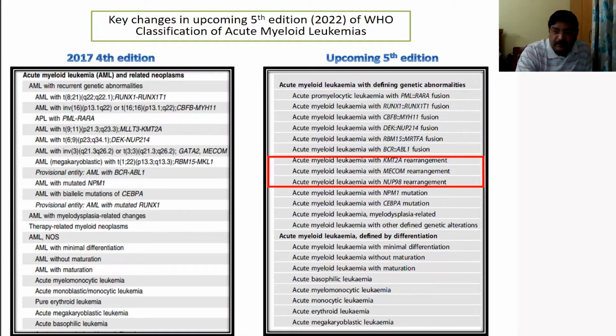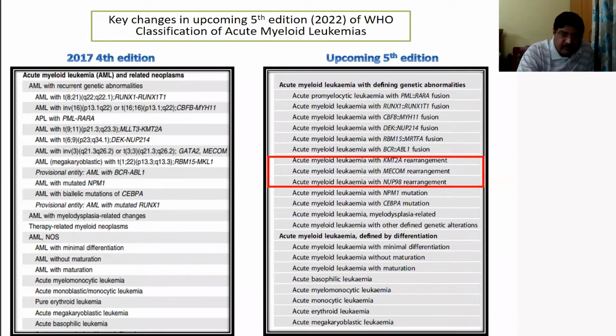You had NUP214 fusion with DEK previously, and in both classifications, which have been retained. So if you look at the left and the right side, there are a lot of similarities in both. What is important is that all the cytogenetically and molecularly defined entities of the fourth edition are retained in the fifth edition with the addition of these three.